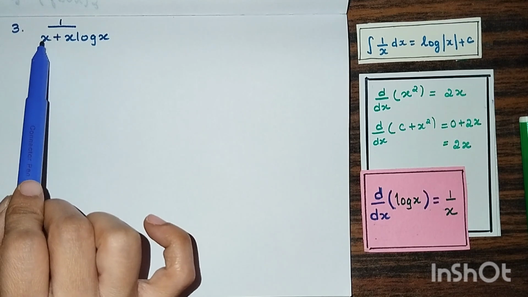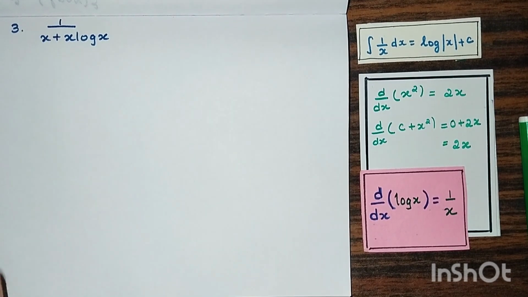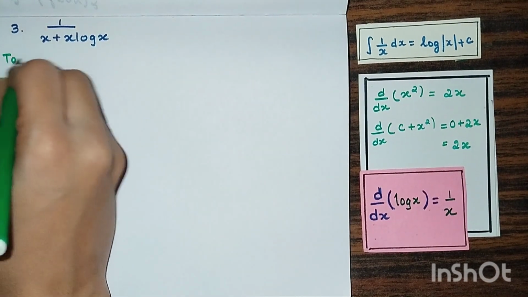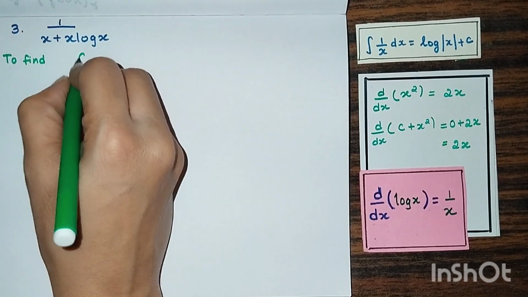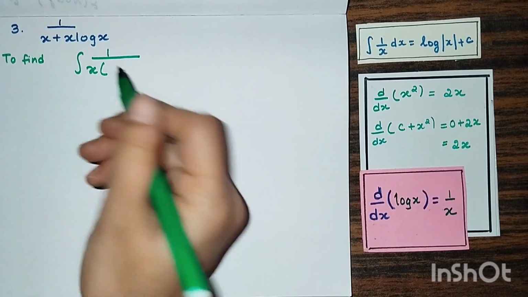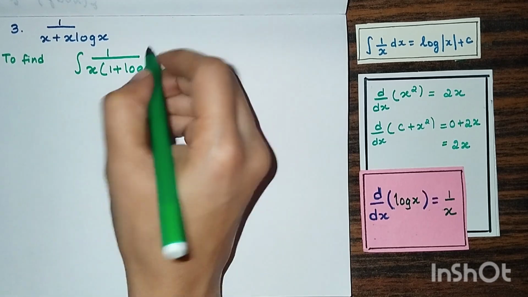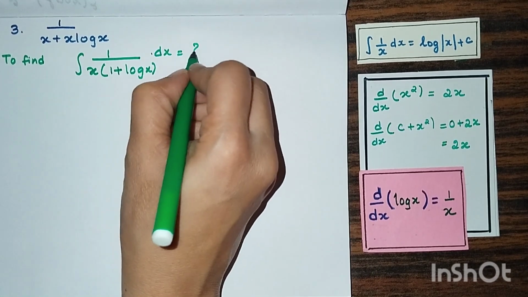Here we have x, here also we have x. So first we will take common and then we will do the substitution method. So to find integral of 1 divided by, so I will take x common. So we are left with 1 plus log x with respect to x. So this is what we have to find.